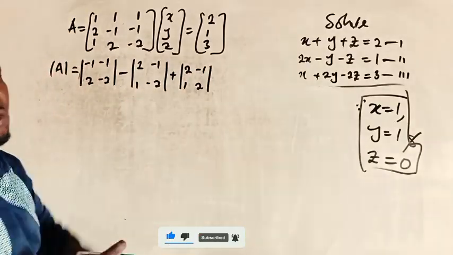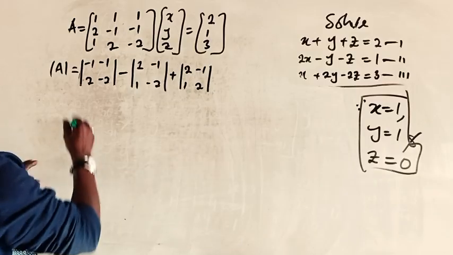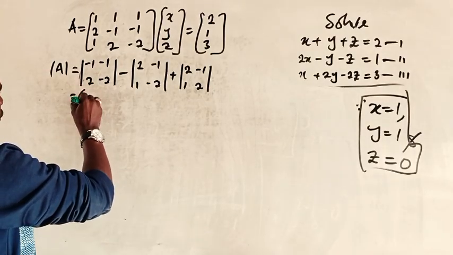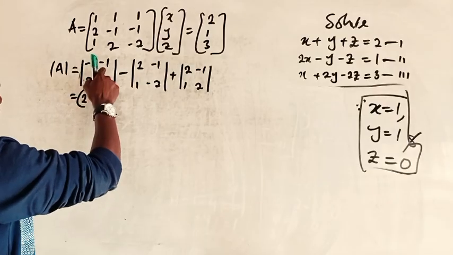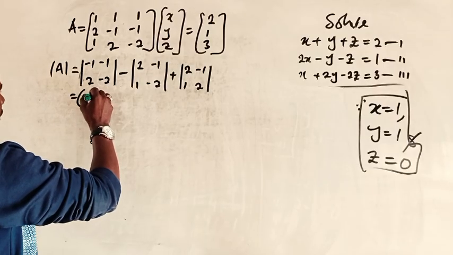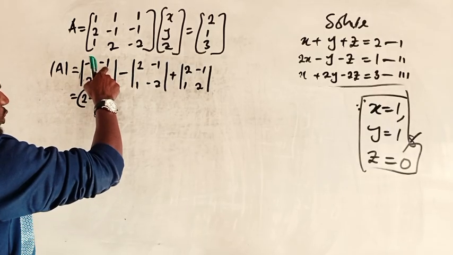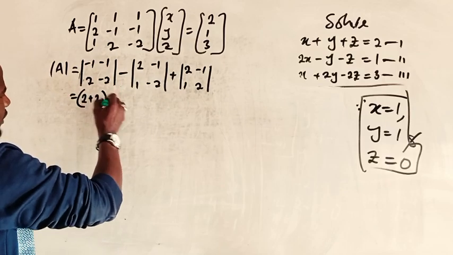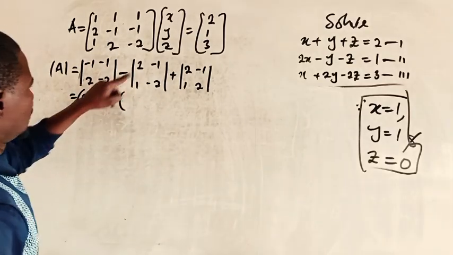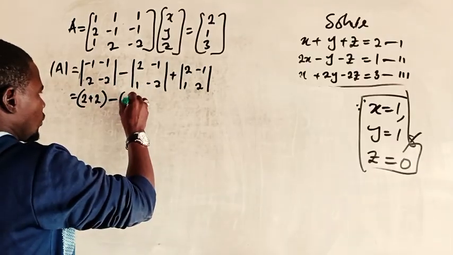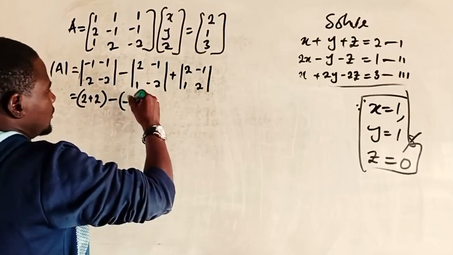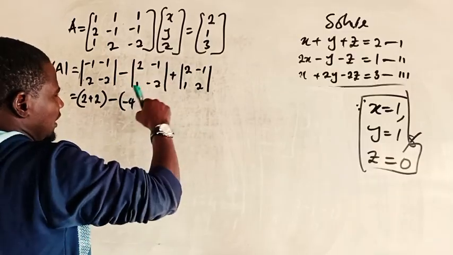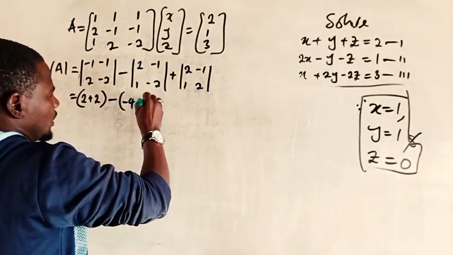Now let's evaluate this determinant. In brackets, minus 1 times minus 2 is plus 2, minus 2 times minus 1 is minus 2, minus 2 gives plus 2 again. Then minus, in brackets, 2 times minus 2 is minus 4, minus 1 times minus 1 is minus 1, and with the minus sign it becomes plus 1.